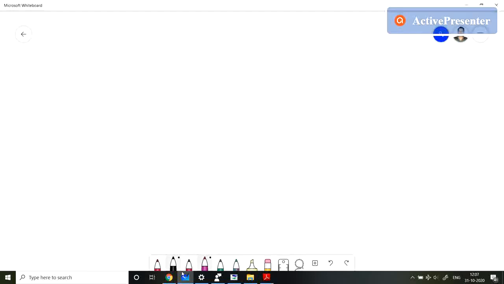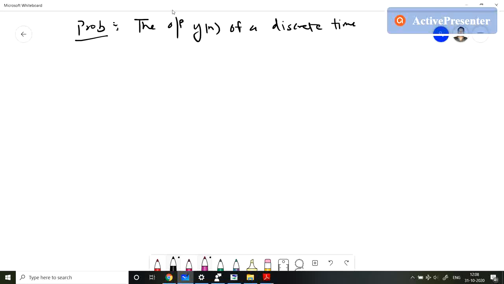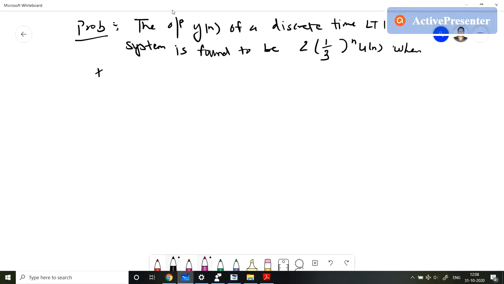So we can solve another problem. The problem is: the output y[n] of a discrete time LTI system is found to be 2 (1 by 3) raised to the power n u[n] when the input is x[n], and that x[n] is u[n], that is also given.